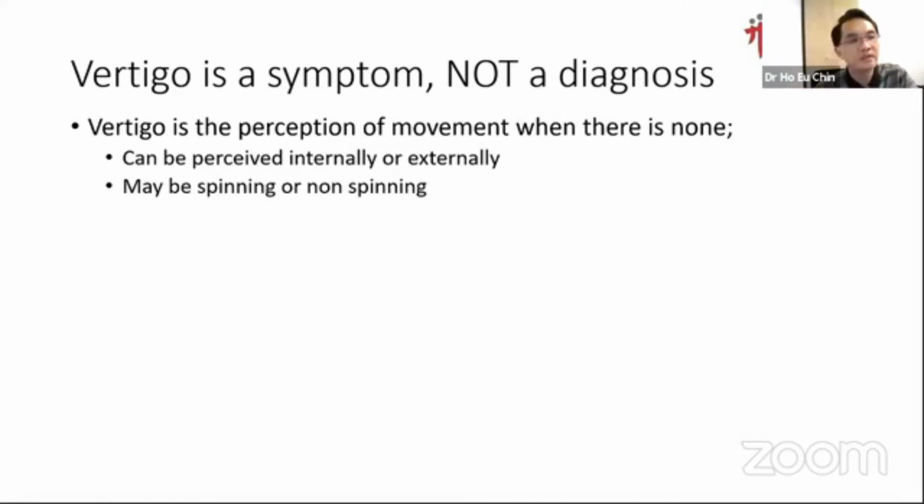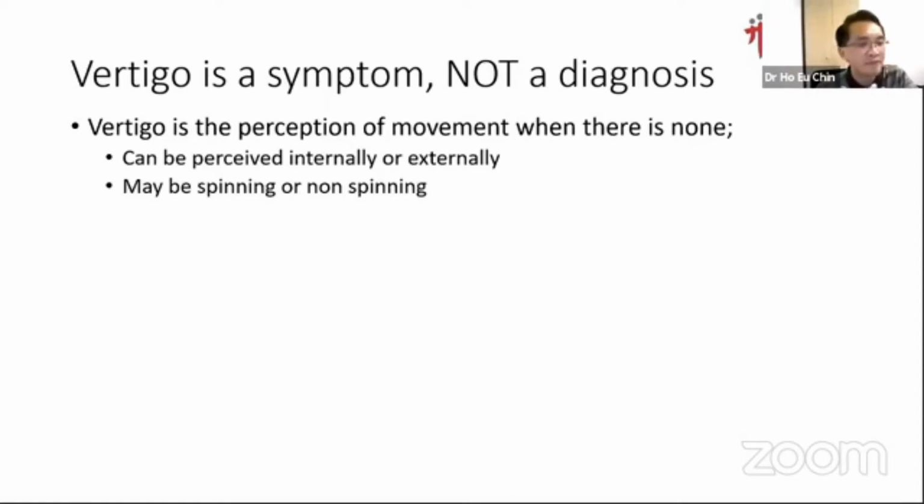So if I ask the patient and they say, oh, doctor, I feel that the room is spinning, that means they have an external spinning, or external rotatory, type of vertigo. That's common. But a lot of patients also have the internal type, the non-spinning. So they would say, oh, I feel that I'm moving inside, but it's not spinning.